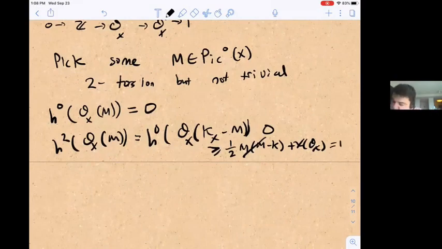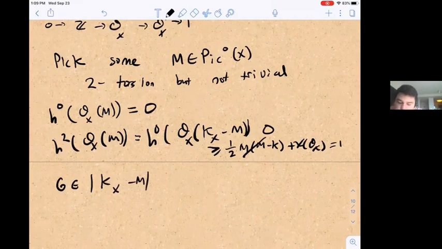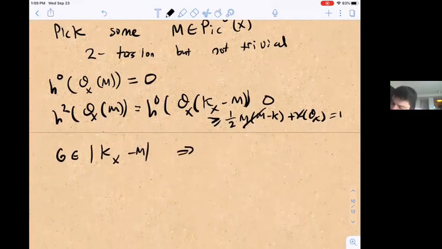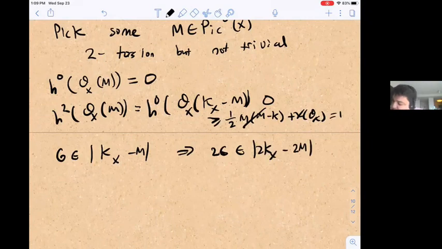So that tells us that kx minus m has a section, because h0 of kx minus m is greater than or equal to 1. So pick that section, some g in kx minus m. Then 2g will be an element of 2kx minus 2m, but m was 2 torsion, so this is just 2kx.